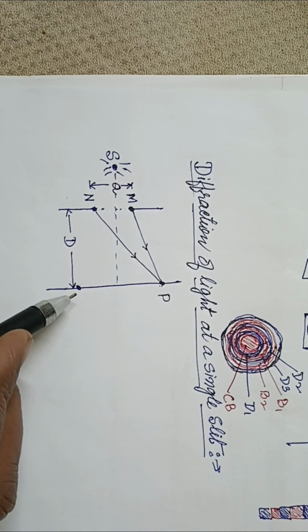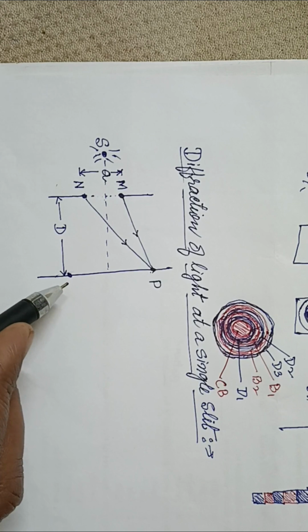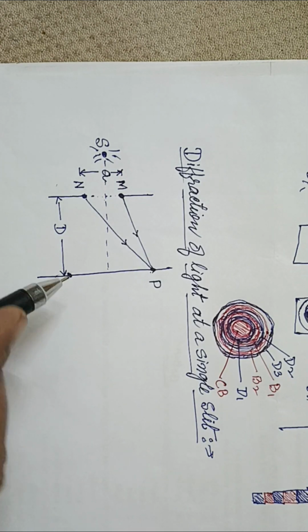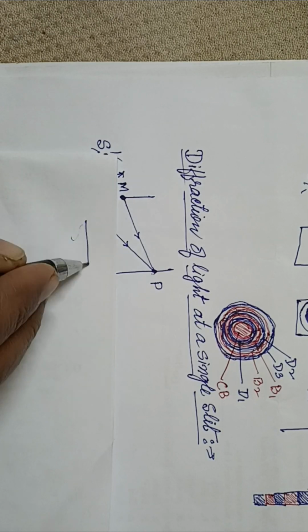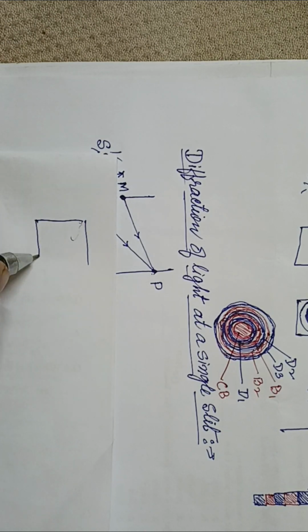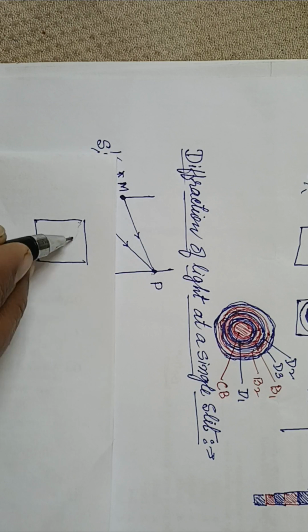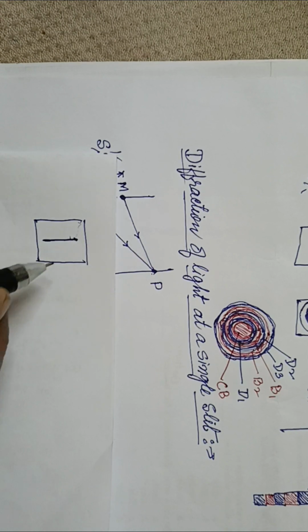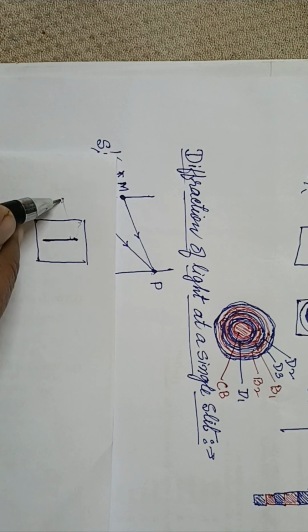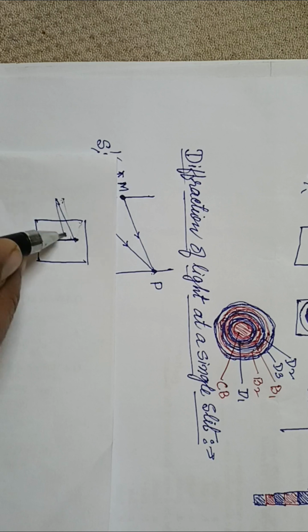First you should know the difference between the slit and the aperture. Slit means suppose we take this sheet and make a very thin cut over there, then this is called the slit. Through this the light can pass, through this plain vertical cut.